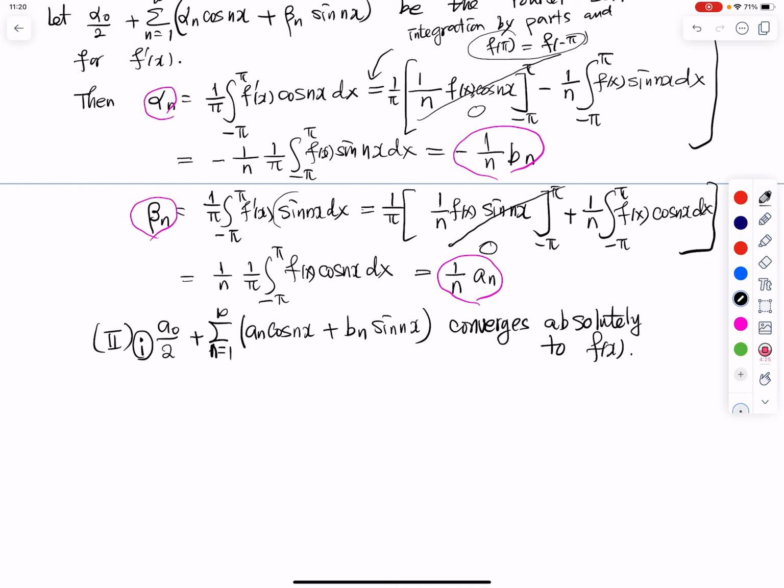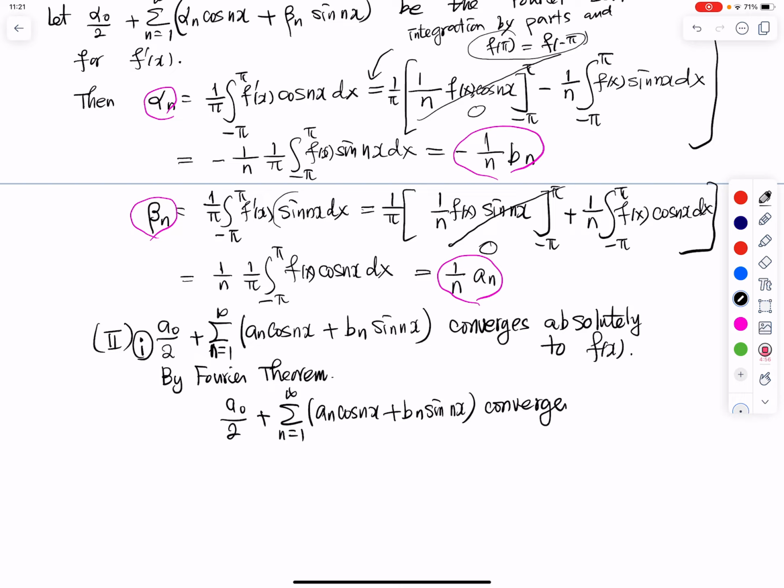By the way, you apply the Fourier theorem. So this guy actually converges, a_n cosine nx plus b_n sine nx.